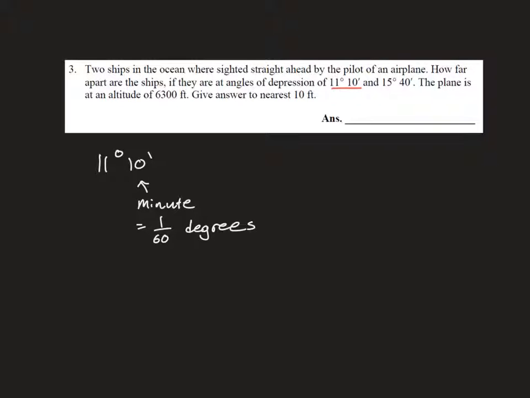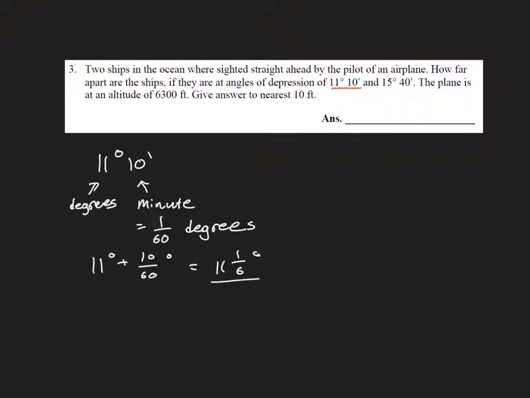So this would be 11 degrees plus 10 over 60 degrees, and that's 11 and 1/6 degrees.